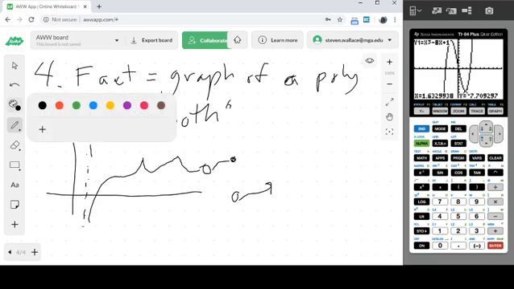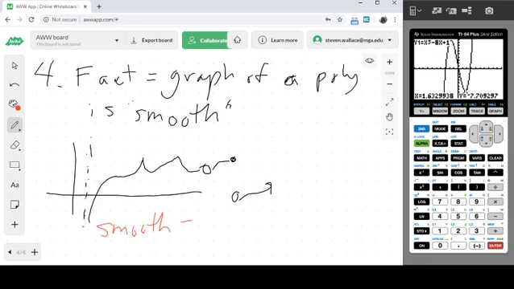Okay, so smooth means no kinks, corners. Sorry, this is not written very well, but I'm doing it with my finger. Kinks, corners, vertical asymptotes, or discontinuities of any type.